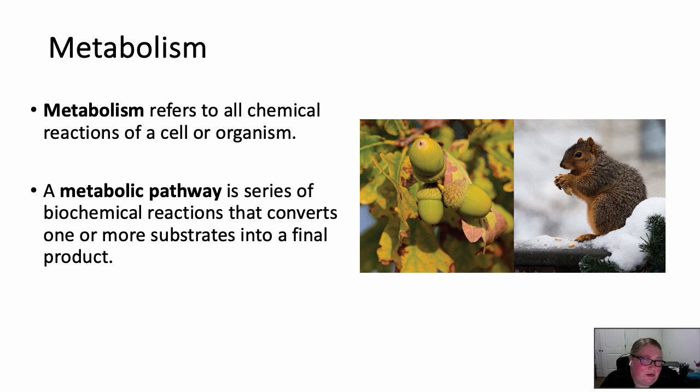It's a series of biochemical reactions that take one or more substrates, so one or more reactants, and go through a series of reactions where it takes that initial substrate, that initial reactant, and makes it into an overall final product. So what we're literally going to be doing here in chapter 7 is talking about a couple different metabolic pathways.